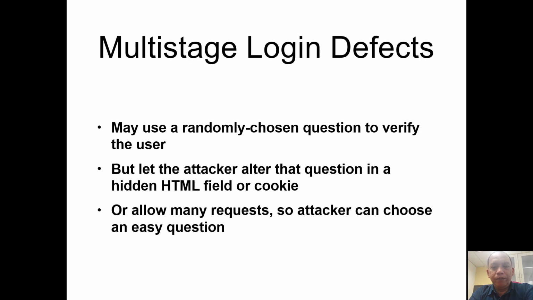This is the problem where the guess of the multi-stage login becomes very basic and well known. For example, they keep trying what is your mother's maiden name, what is your favorite car, what is the color of your favorite car, and maybe the attacker knows your profile by accessing your information or your friend's.